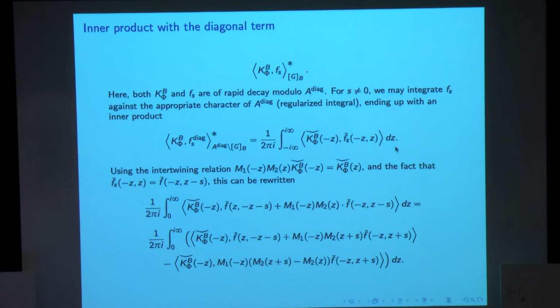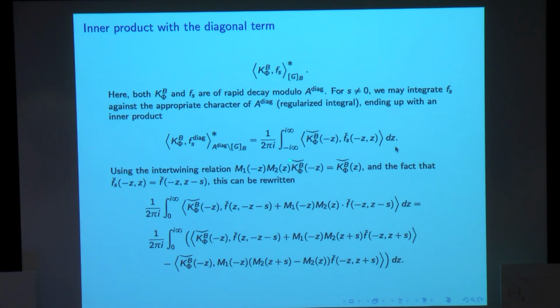The Mellin transform of the kernel function lives in this representation pi sub z tensor pi sub minus z. Or if you want, you can think of it as living in the endomorphisms of pi sub z. The Mellin transform of the kernel function is really the image of phi in the endomorphisms of pi sub z. That's what it is.